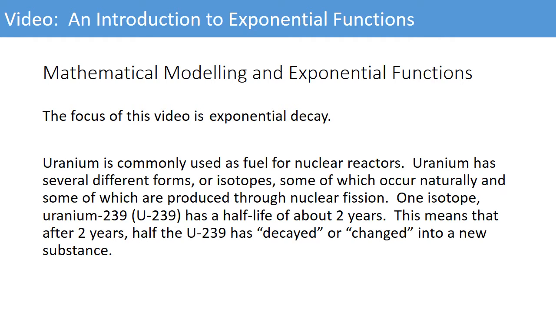Here is an example. Uranium is commonly used as fuel for nuclear reactors. Uranium comes in a variety of forms, which we call isotopes, some of which occur naturally and some of which are produced through a process called nuclear fission. One isotope, called uranium-239, has a half-life of about 2 years.